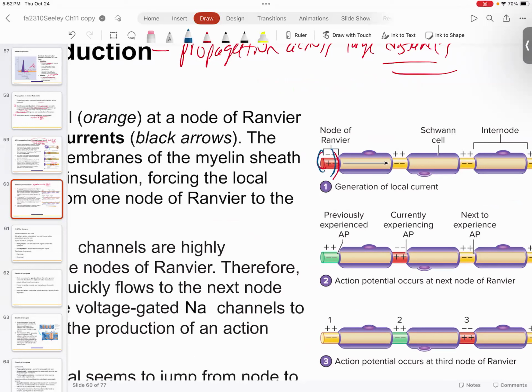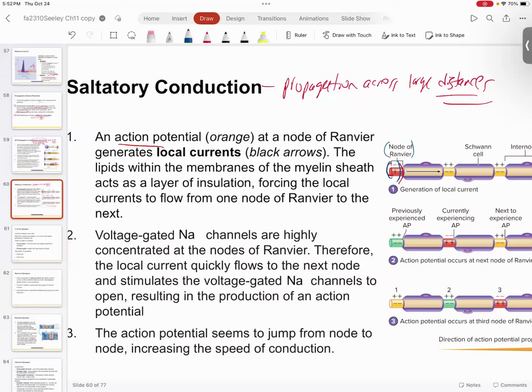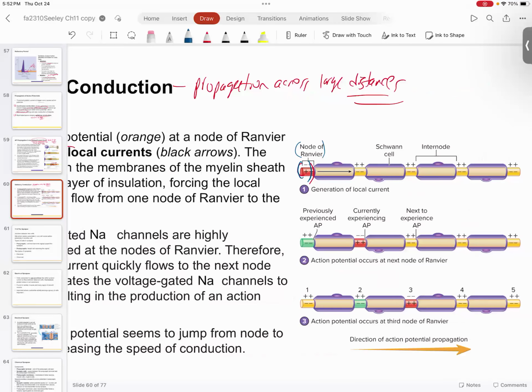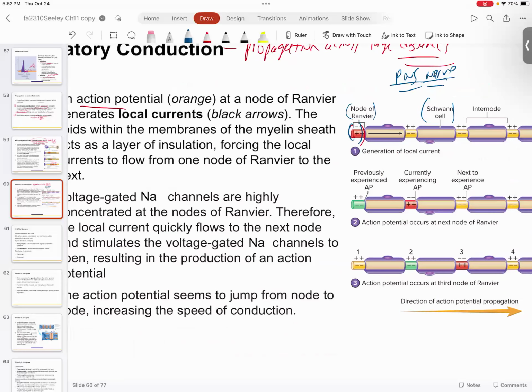Because this is your peripheral nervous system, this is your Schwann cell, a peripheral nervous system nerve. Your neuron is wrapped up in these Schwann cells and you have these little nodes of Ranvier, little unsheathed areas of no myelin, so the depolarization occurs at this node.